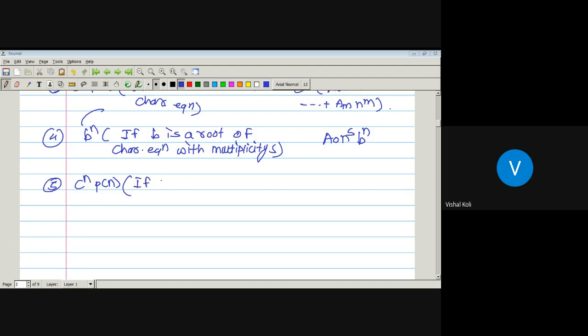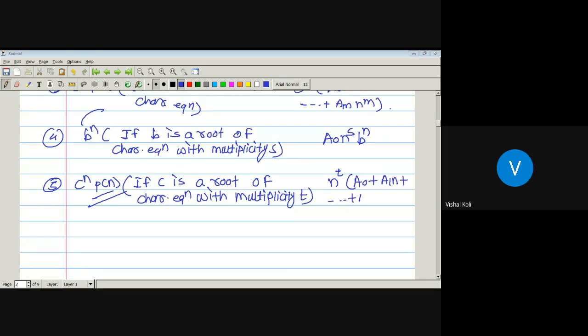If c is a root of the characteristic equation with multiplicity t, then its corresponding trial function is n to the power multiplicity, that is t, into the trial function for p of n, which is a naught plus a1 n plus, up to so on, am n raised to m, since it is a polynomial with degree m.